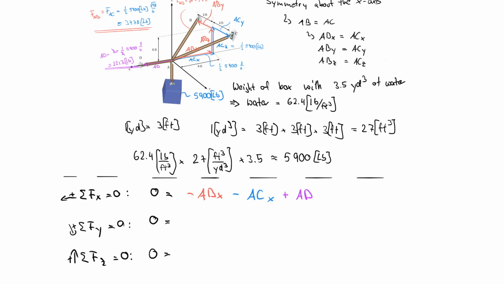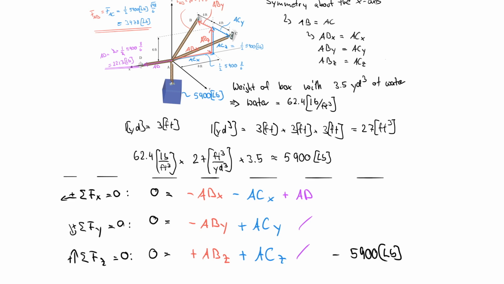For the y direction, I have minus ABY, plus ACY, and nothing in the AD component. But for the z direction, I have plus ABZ plus ACZ, nothing in the D direction, but I have minus 5,900 pounds, right?